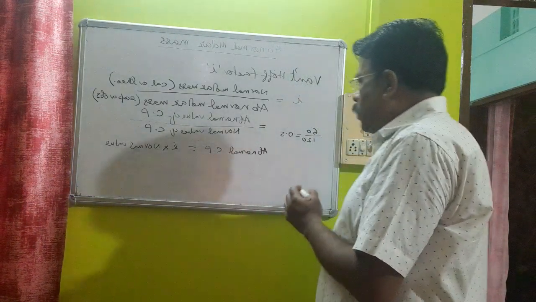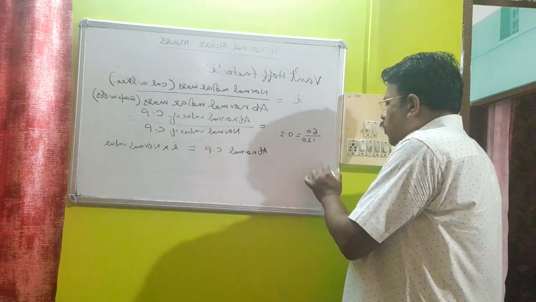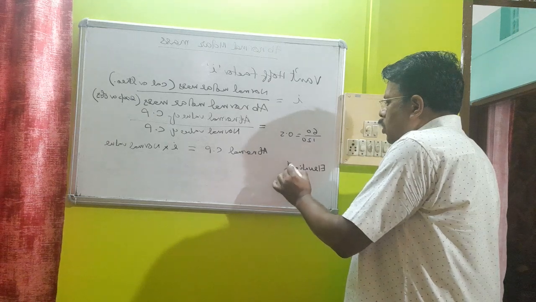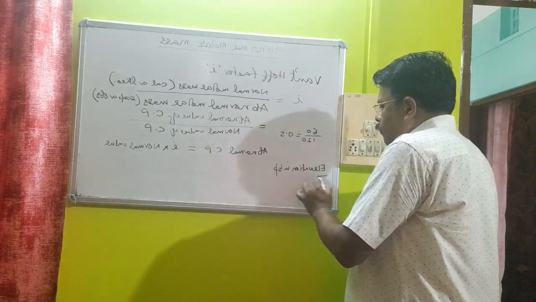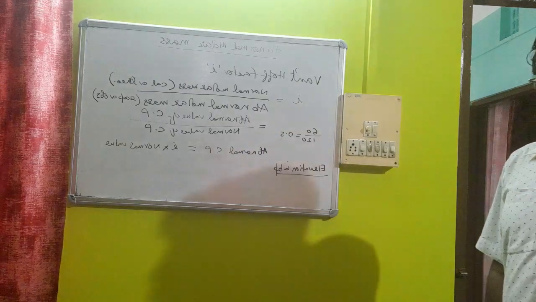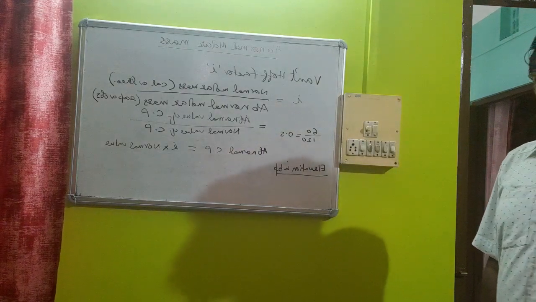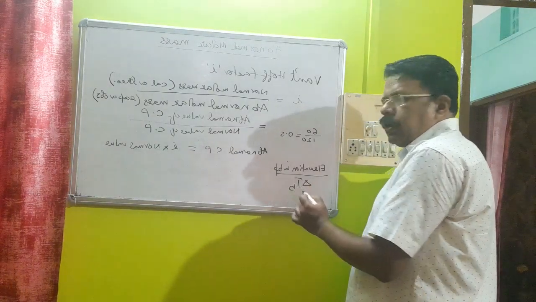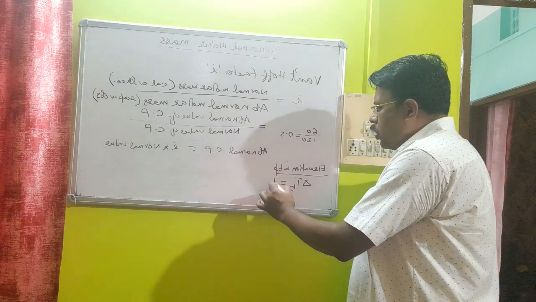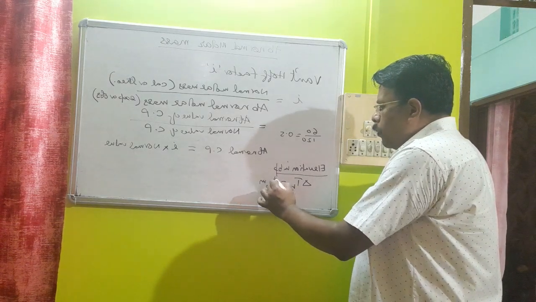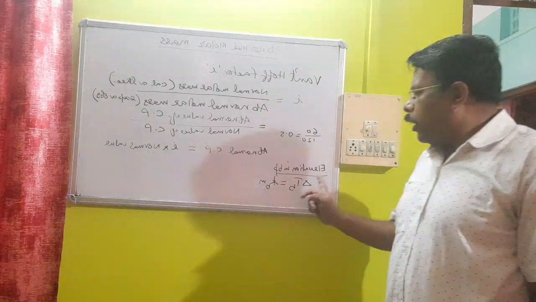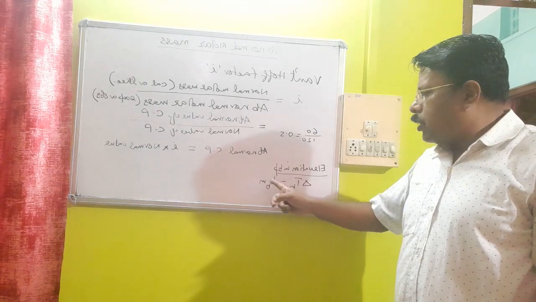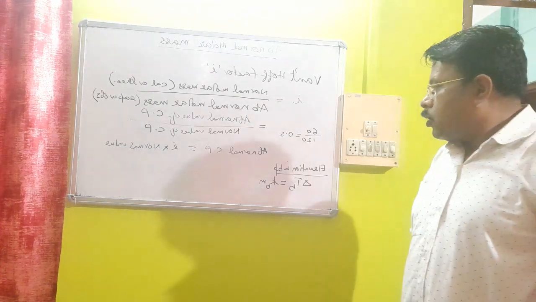Now suppose we talk about elevation in boiling point. We know that elevation in boiling point is represented as delta Tb. Delta Tb is equal to Kb m. This we have already discussed. Kb is called molal elevation constant and m is the molality of the solution.